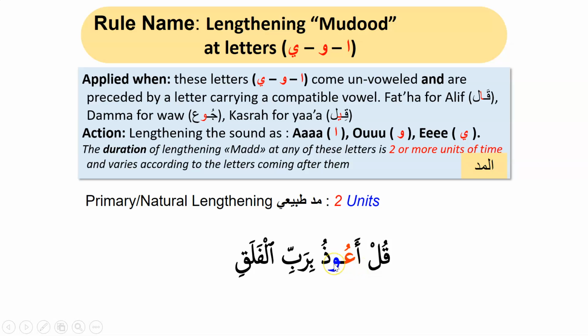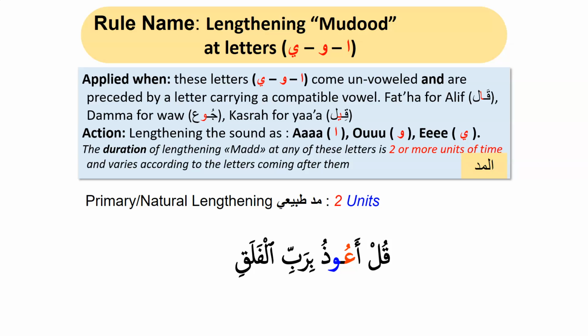If this letter is not followed by hamza or sukun or a letter carrying sukun, then you have to extend it for 2 units of time. Because if this letter of mad, whether it is alif or waw or ya, is followed by hamza or sukun, we have other rules now.